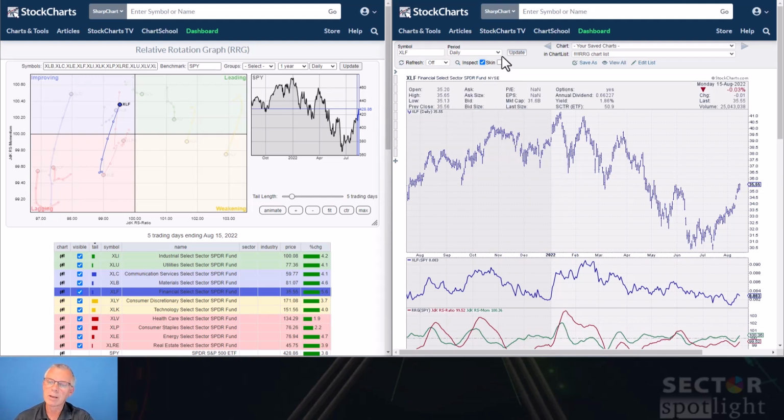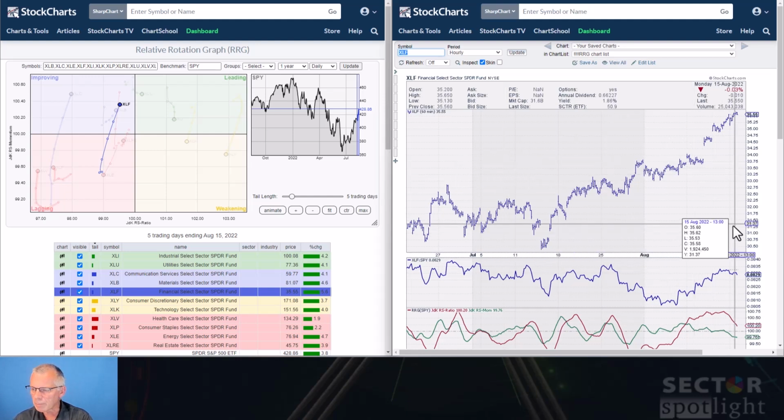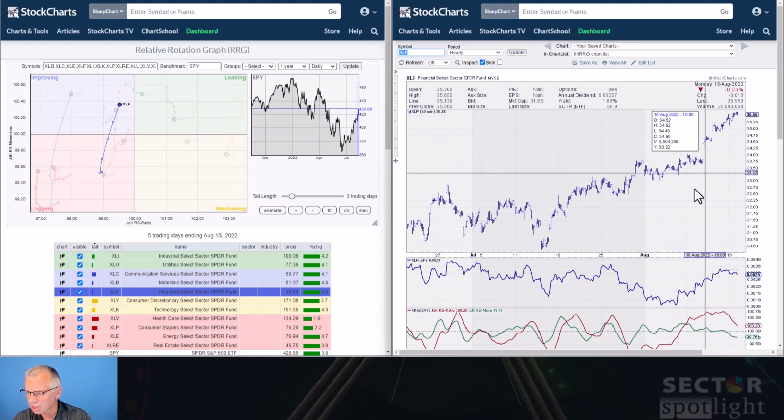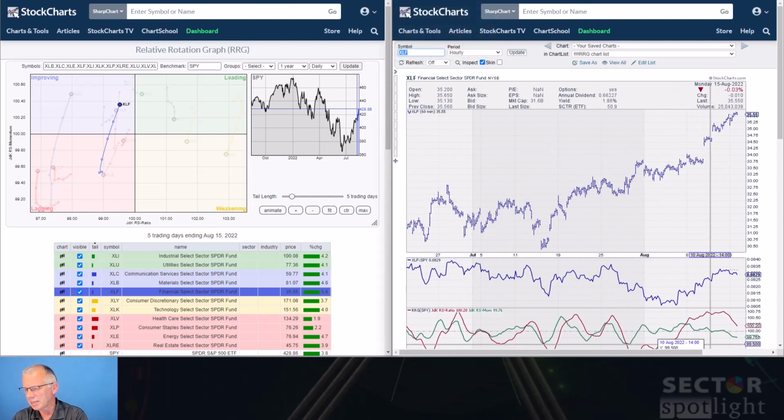I don't know. With the intraday timeframes available, it makes total sense to bring this into a 60-minute chart and have the same values of RRG coming in there. And what you can see here is that the hourly RRG is rolling over.